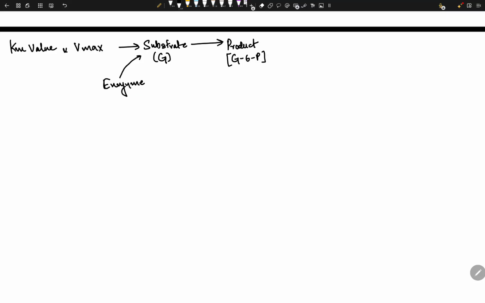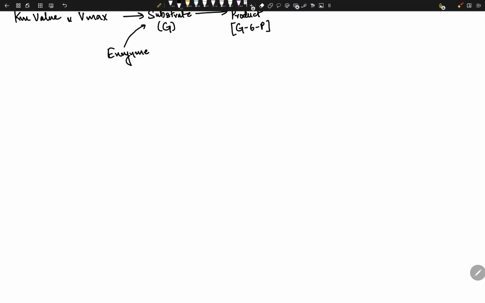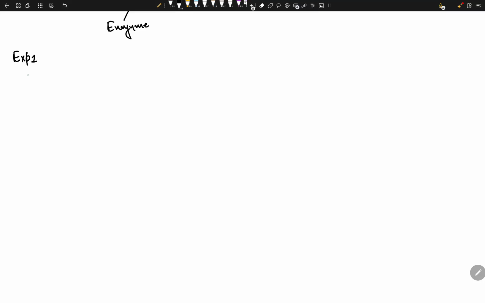Now let's imagine a little bit different things. Let's do a little test. So we have experiment number 1. This is a test tube. In this test tube, we have very little glucose.